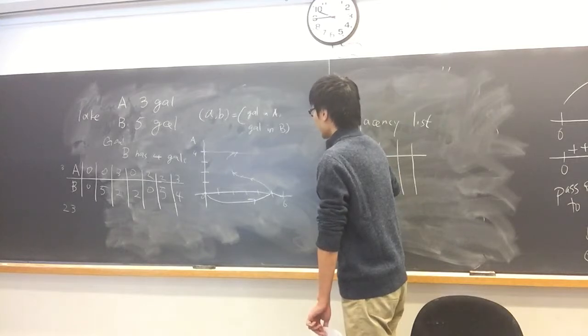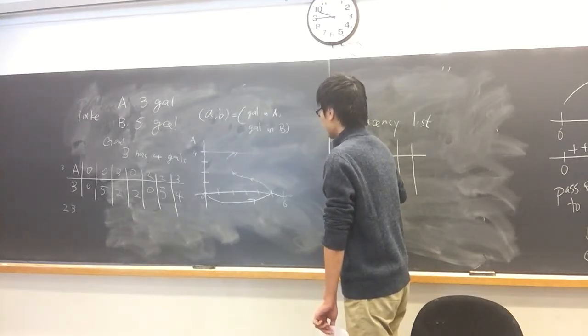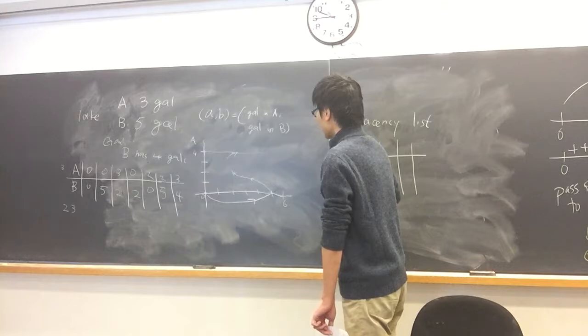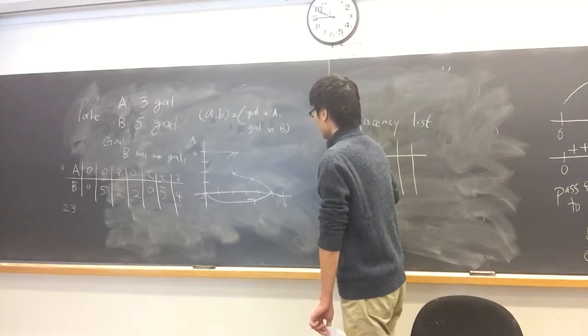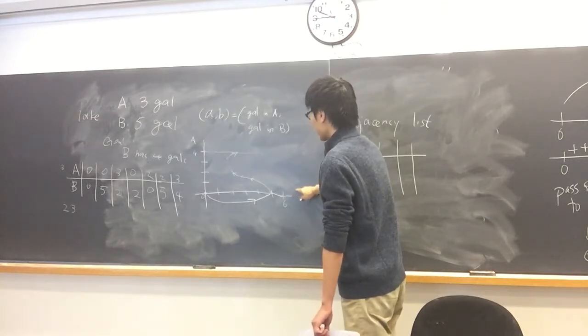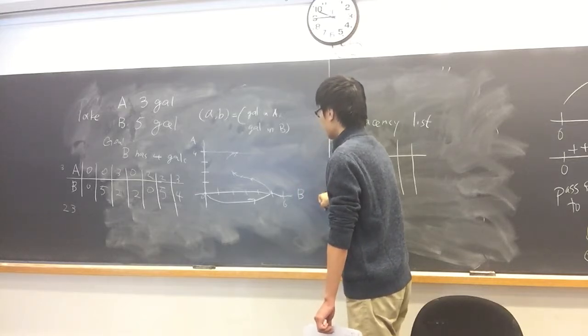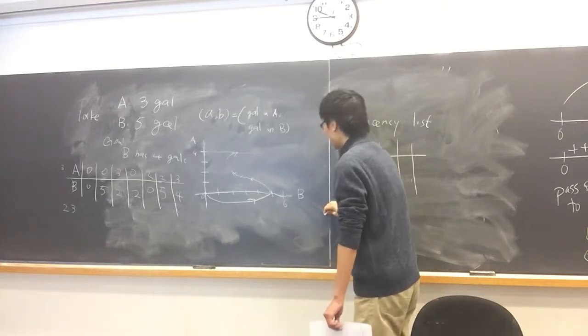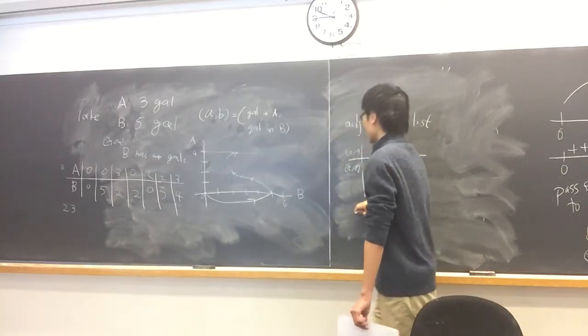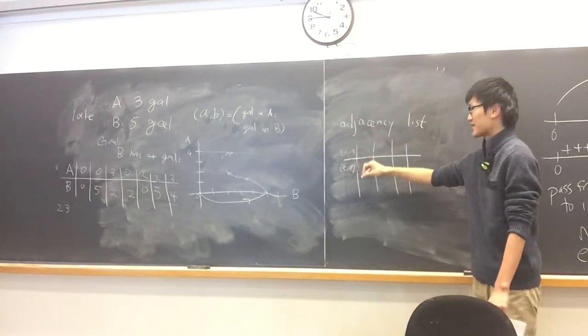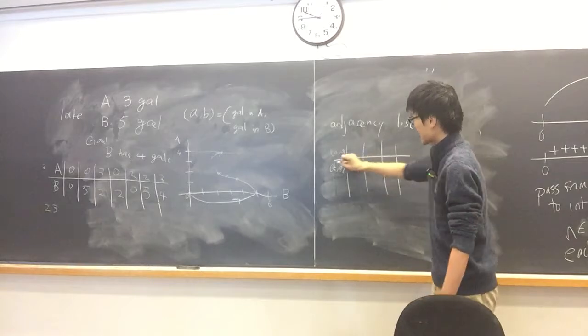So it is 0, 5. It's 3, 0 and 0, 5 that are the two adjacent points. But this is the B axis. Oh, you put B on the x-axis and A on the y-axis. Okay. Yeah, but you get the idea. So it's basically all the vertices here, all the adjacent vertices here.